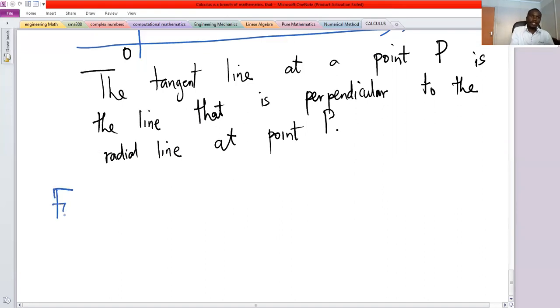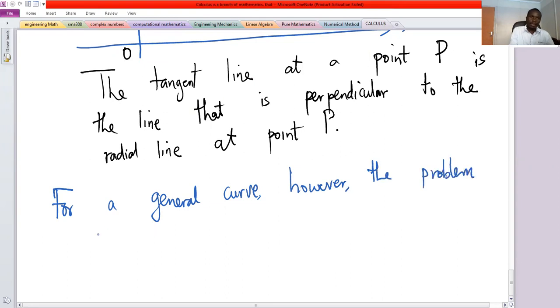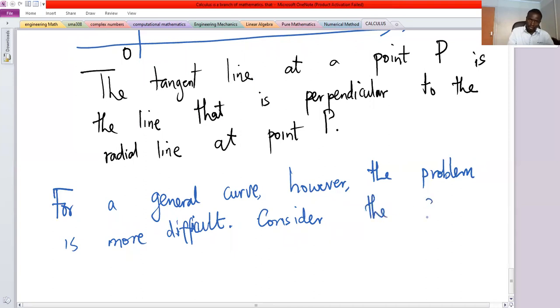So for a general curve, however, the problem is more difficult. So consider the figures below.